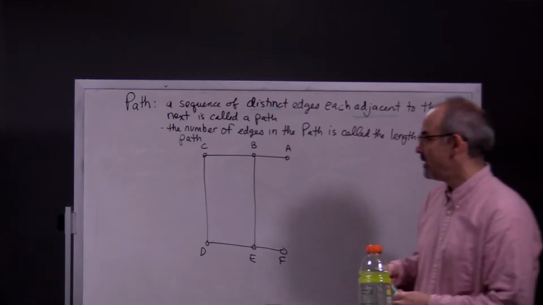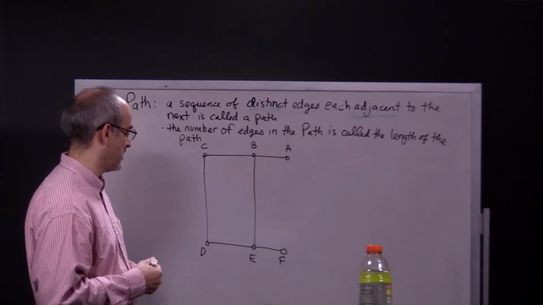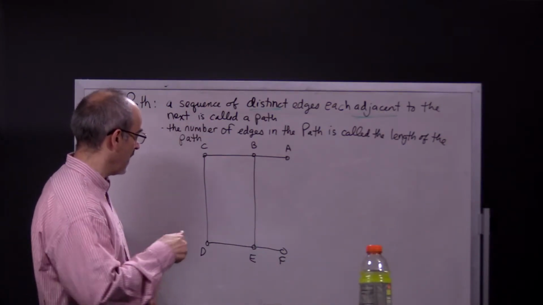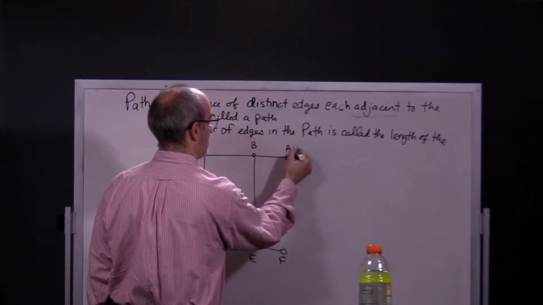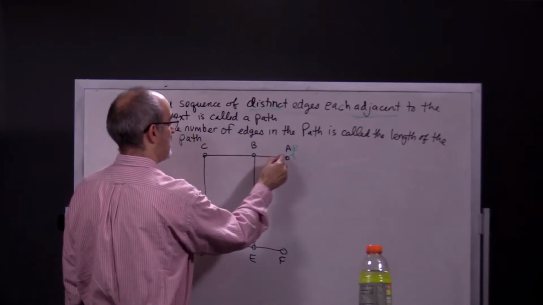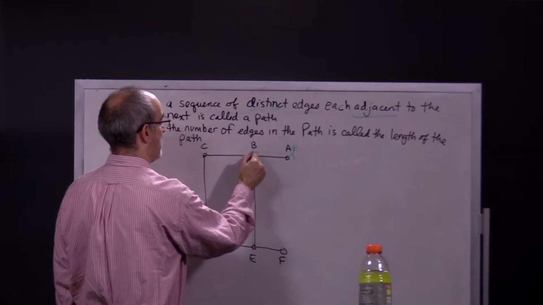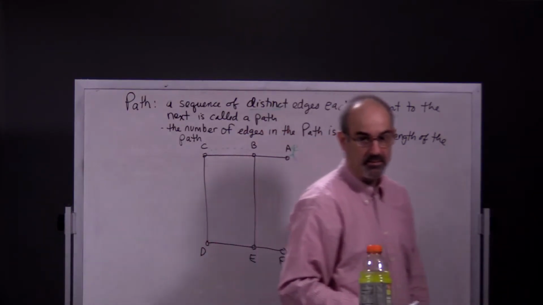Okay, so let's look at one possible path in this connected graph. So if you were at A, so I'll draw a picture of a person here, and wanted to go to C, you could go from A to B, then B to C. That's a path.